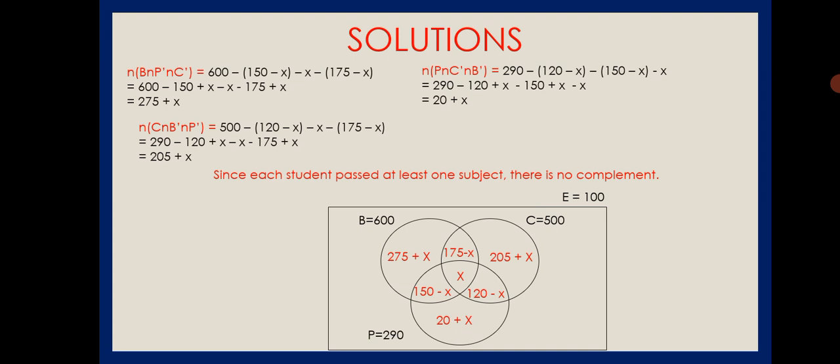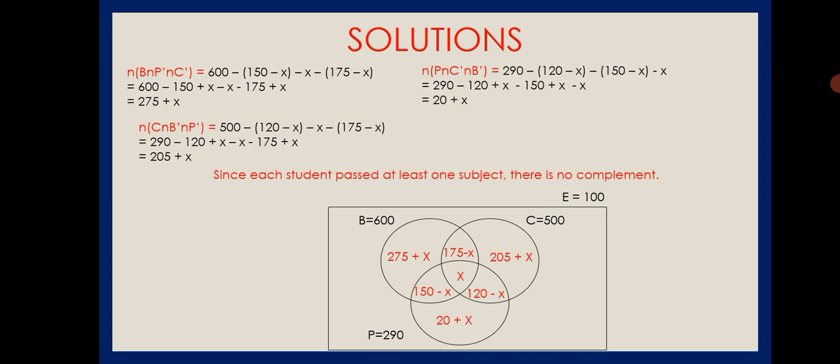Remember, positive will cancel negative, meaning plus x will cancel minus x. So our answer is going to be 275 plus x for students who passed in biology only. That's 275 plus x. So we write it in the circle, B only.